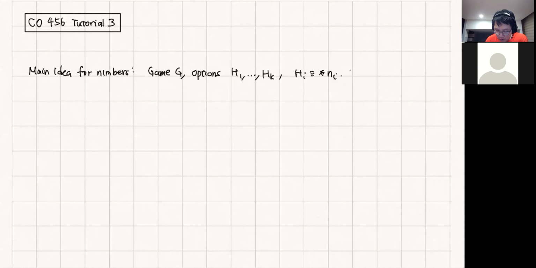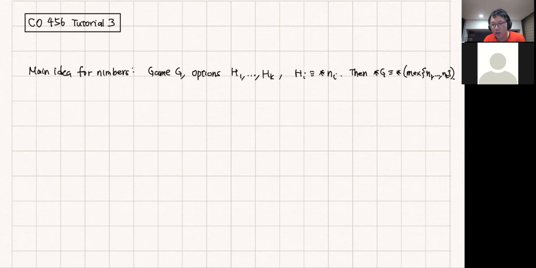Then you can say that G is equivalent to star of the max of these numbers, N1 to NK. That is the main idea for finding numbers.